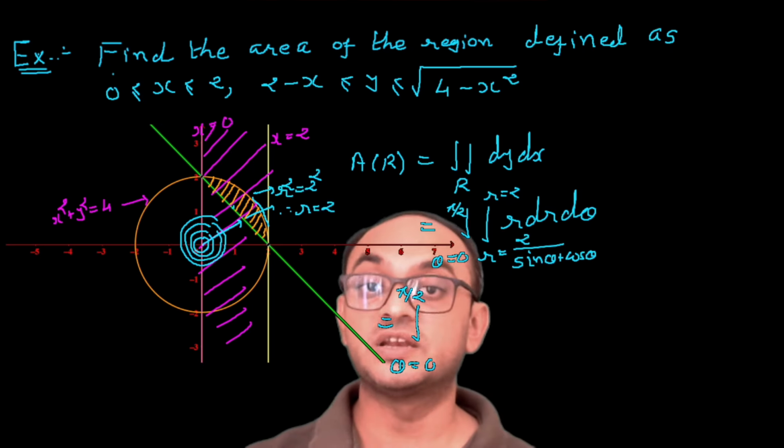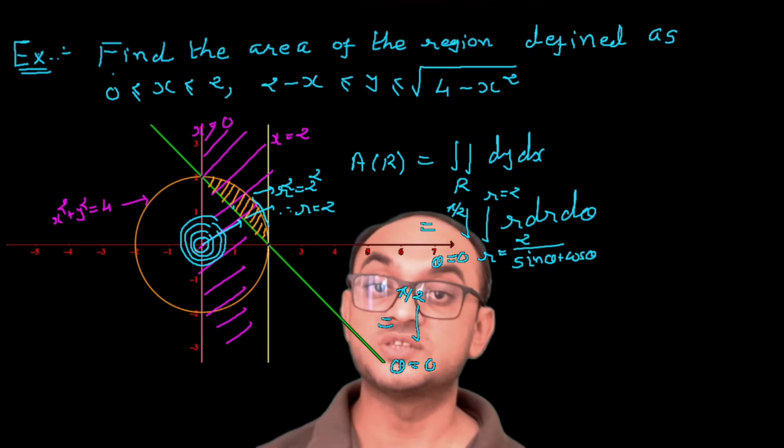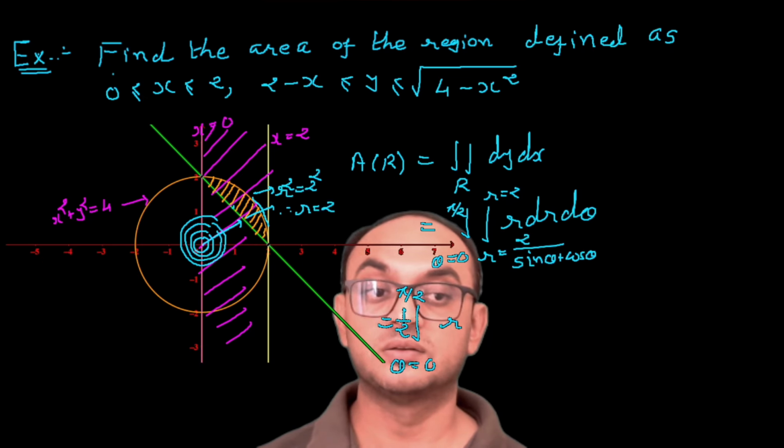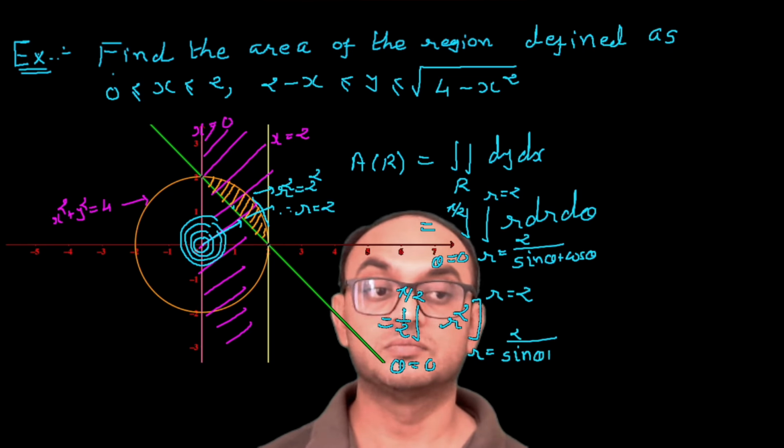Now let us integrate with respect to r. What is the integration? r square divided by 2. So 1 upon 2 I am writing outside, and this is r square with the limit. Upper limit is r equal to 2, lower limit is r equal to 2 upon sin theta plus cos theta, d theta.